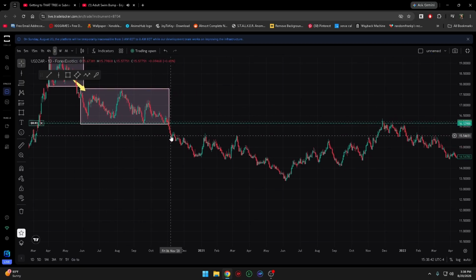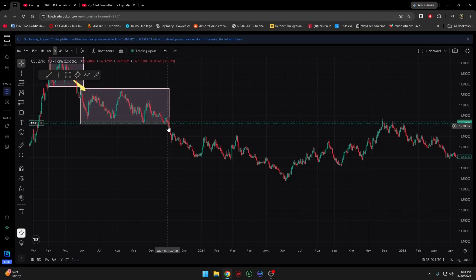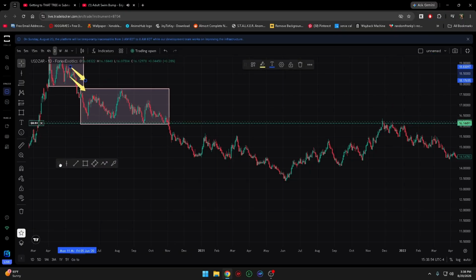Then boom, we start here. We got multiple equal highs. I'm going to take this arrow and copy it, just so I don't have to keep running up to this point.